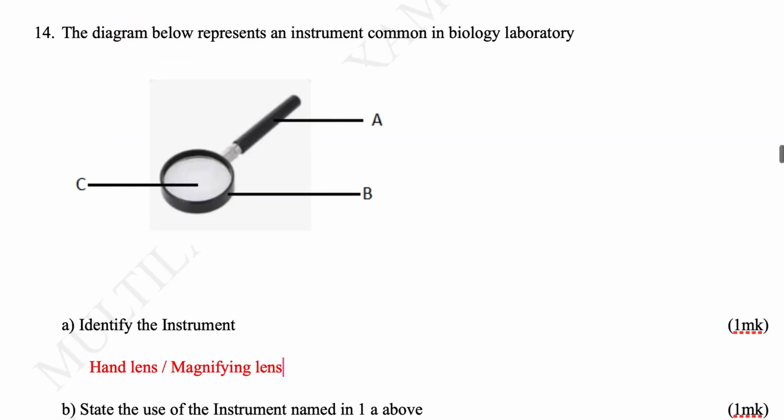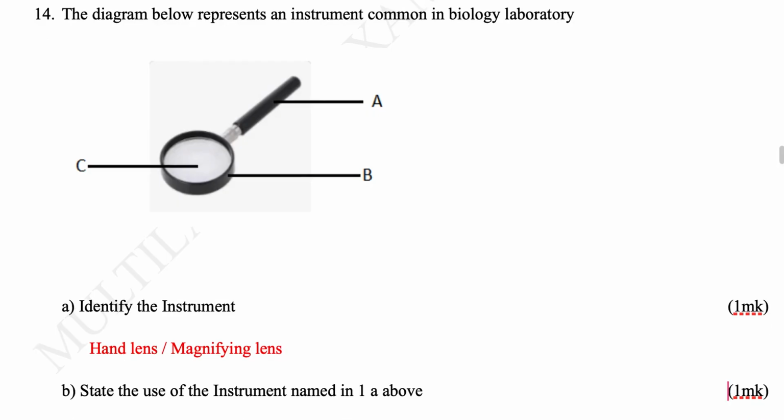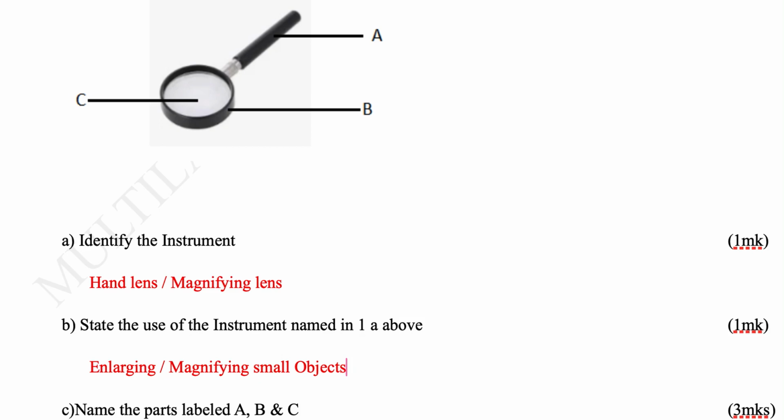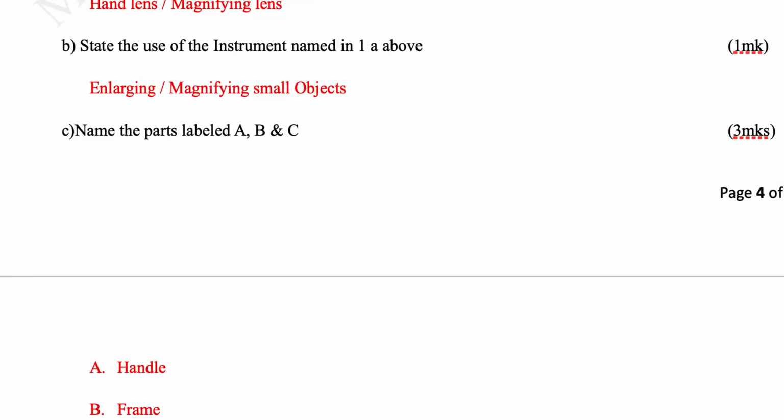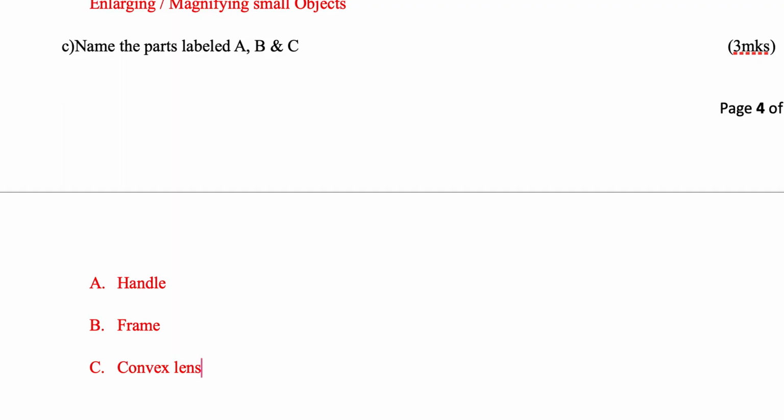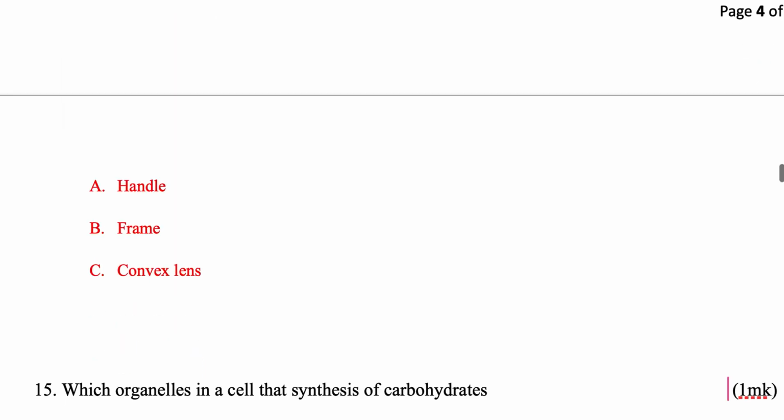Identify the instrument, hand lens, or you can say magnifying lens. State the use of the instrument named in 1A above. Enlarging small objects. Name the parts labeled A, B, C. A is the handle, B is the frame, and C is the convex lens.